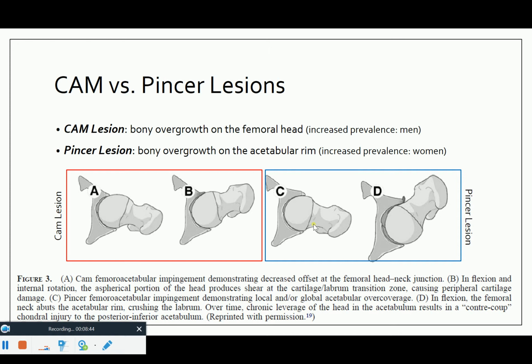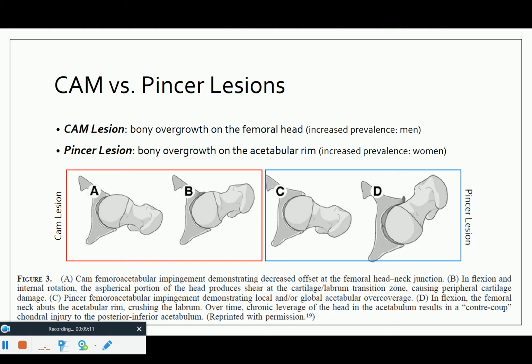Similarly, if we look at what a pincer lesion is, bony overgrowth of the acetabular rim, you can see it's a much thicker portion here. And what happens is this little triangle piece in this drawing is being pinched, and this is the labrum. So this is what leads to labral tears. Now, in many people, both are present, and in that case, it's what came first, the chicken or the egg, or does it even matter?